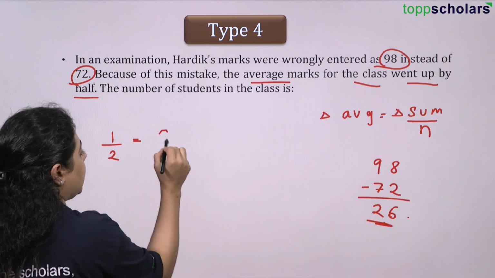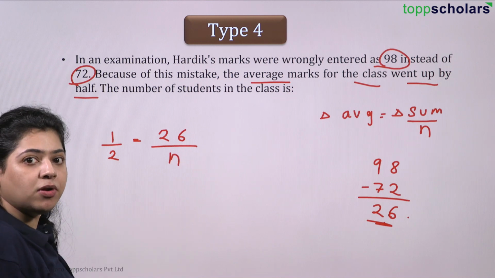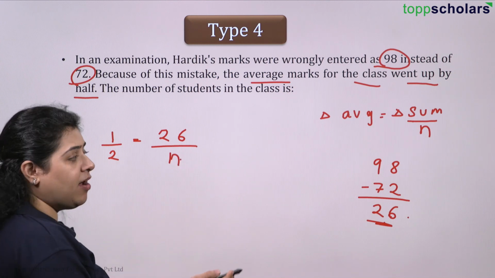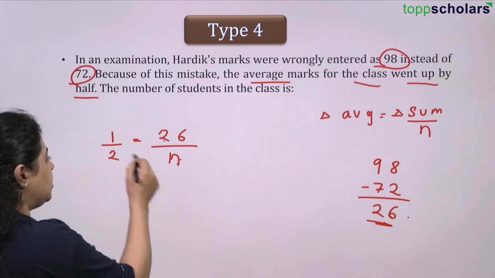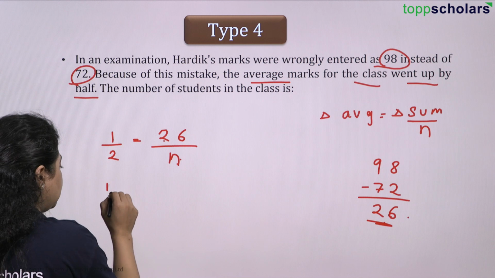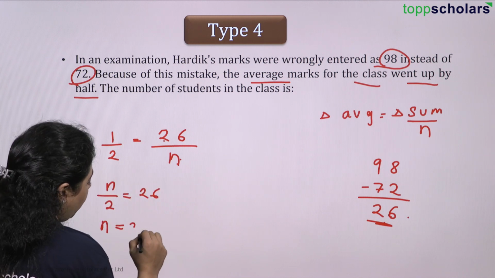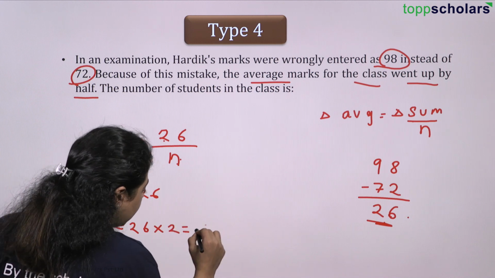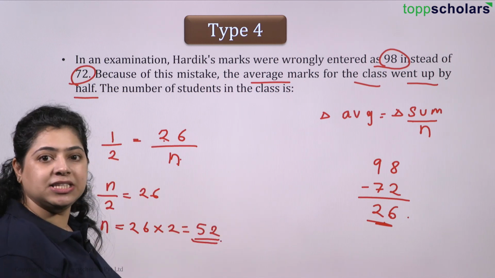So change in the sum, 26, upon n. We have to find out the number of students in the class, so we have to find out n. We are aware that if we have the sum and the average, we can find out the number of students. Simple, by way of cross multiplication, n by 2 is equal to 26. n will be 26 into 2, which is nothing but 52. So the number of students in the class is 52, is what we have found out.